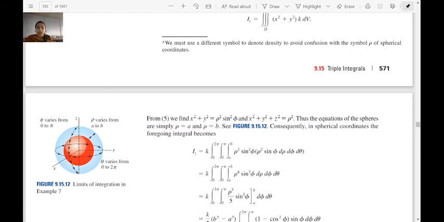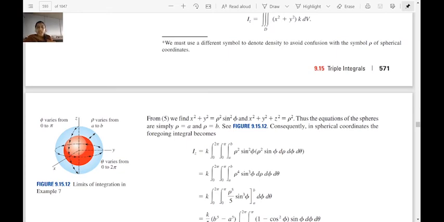And we know dV is ρ² sin φ dρ dφ dθ. Now we just have to determine the limits.